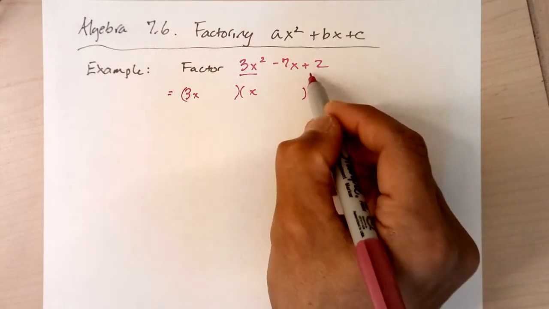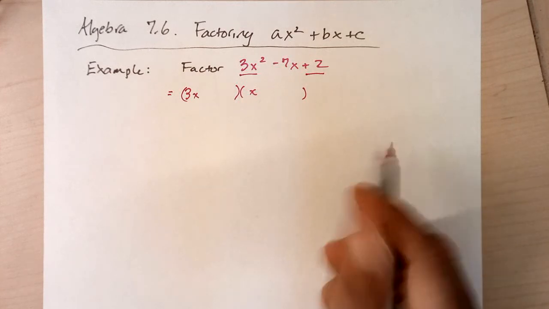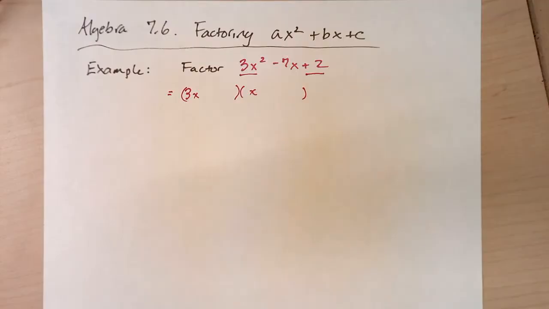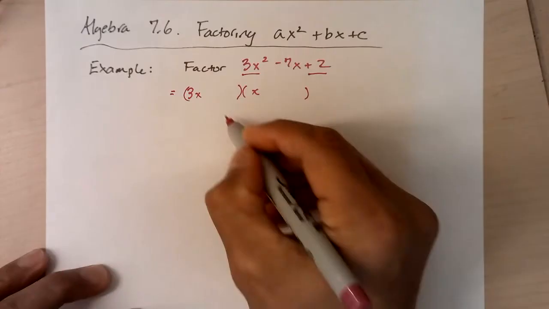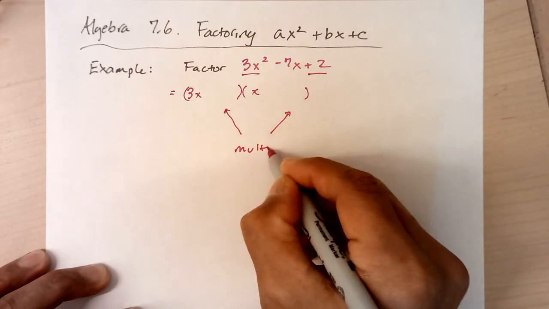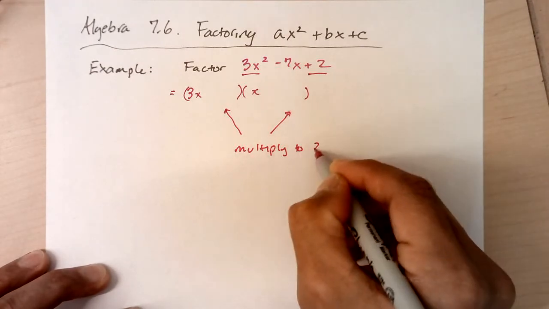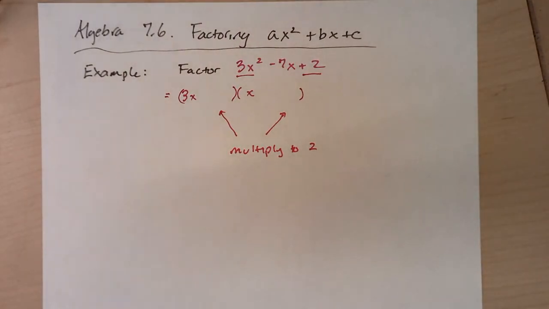But then I want to look at the last term, positive 2. The last two terms of each binomial still need to multiply to a positive 2. Those numbers themselves don't add to the negative 7, because it's impossible to find two numbers that multiply to a positive 2 and add to a negative 7.